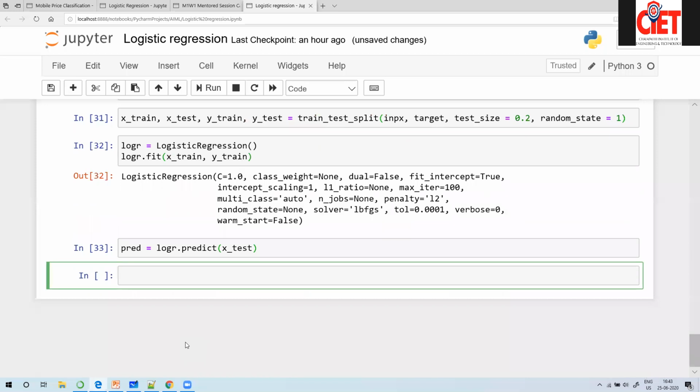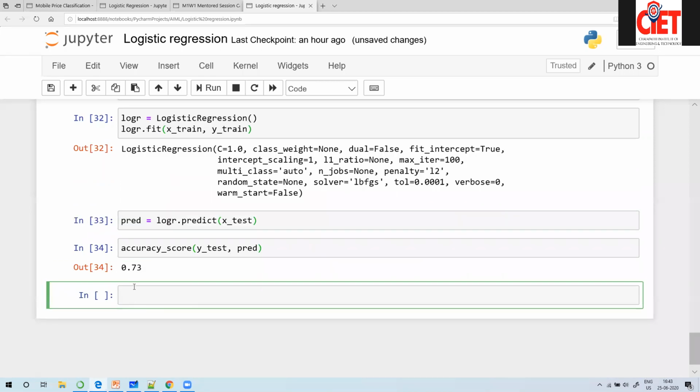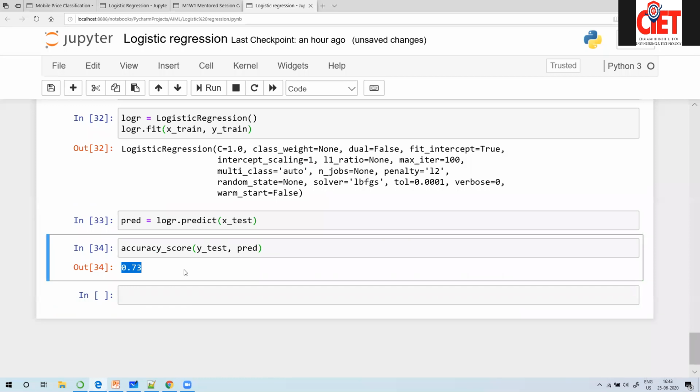Now, how good is our model? How accurate is our model? Accuracy underscore score, actuals Y underscore test, predictions pred. It says your accuracy score is 0.73. So that means we are accurate 73% of the time. Not so good.